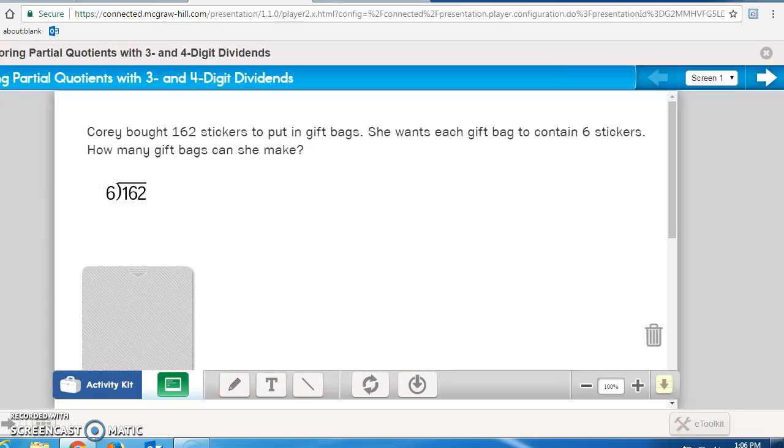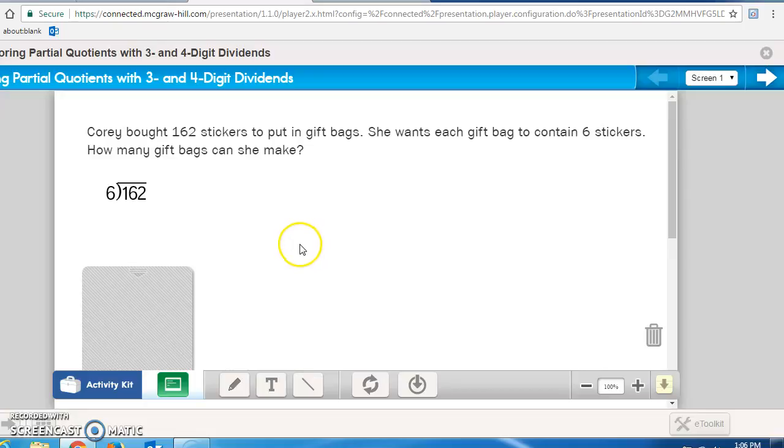Read this next problem again to yourself as I read it out loud. It says, Corey bought 162 stickers to put in gift bags. She wants each gift bag to contain 6 stickers. How many gift bags can she make? Well, you know what?